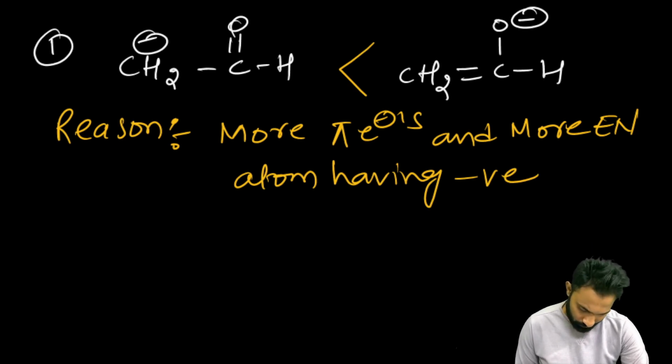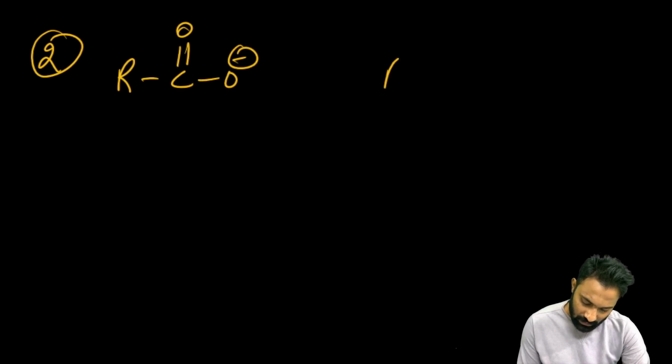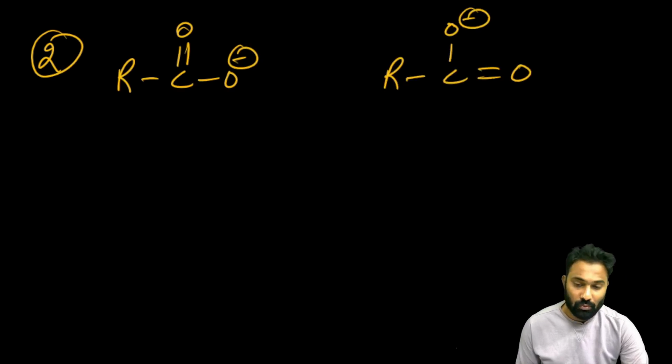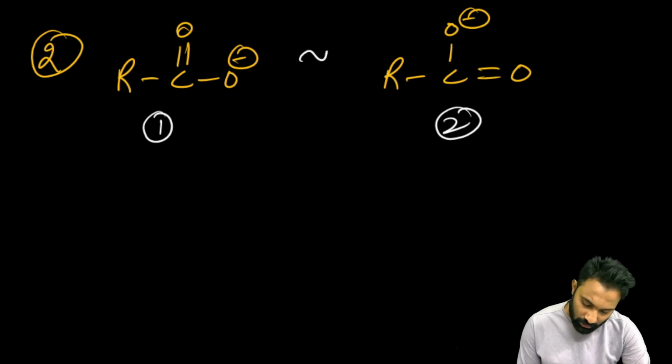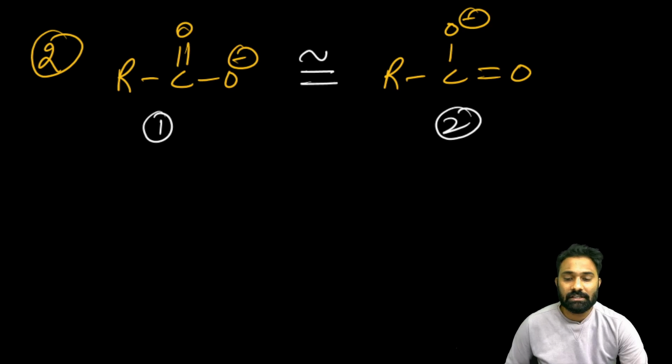Clear? Now second, suppose one resonating structure is given in this manner: double bond O minus, and R O minus with double bond O. Among 1 and 2, which has the higher resonating stability? In this case, both have equal resonating structures.